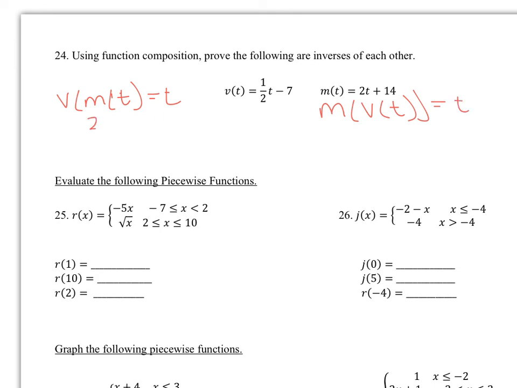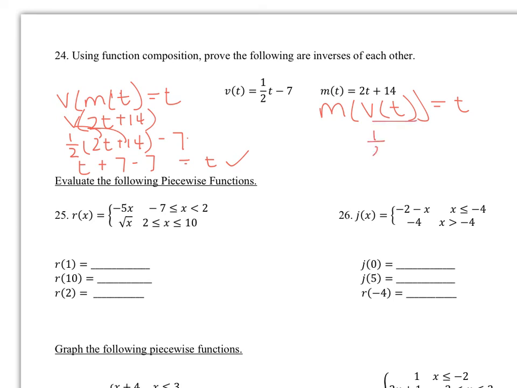So m of t is 2t plus 14. I'm going to plug that into v. So 1/2 times (2t plus 14) minus 7. So I have t plus 7 minus 7, because I distributed 1/2, is left with t. So that matches. So now let me try the other side.